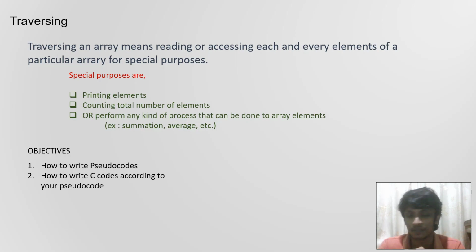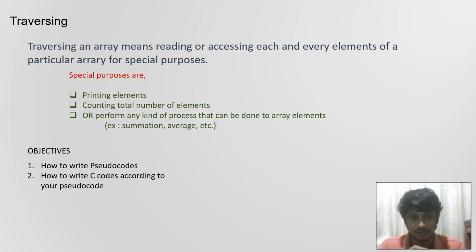So typically summation means that your array should contain numerical values. It could be integers, floats, doubles, any kind of numerical values. Okay, so that is basically traversing.